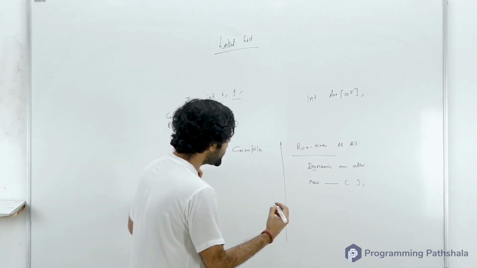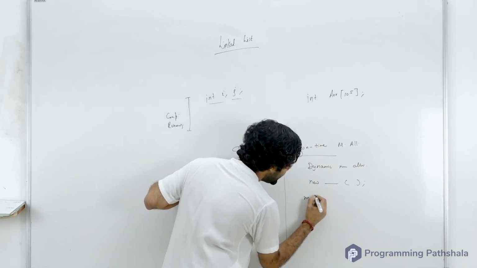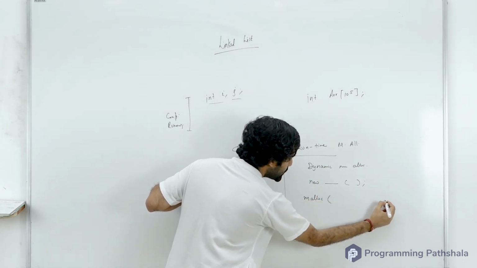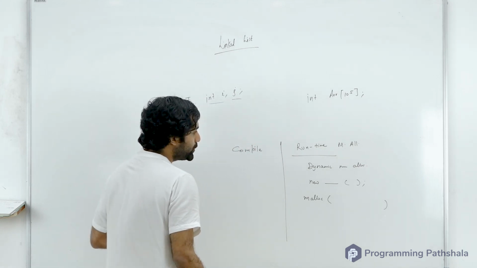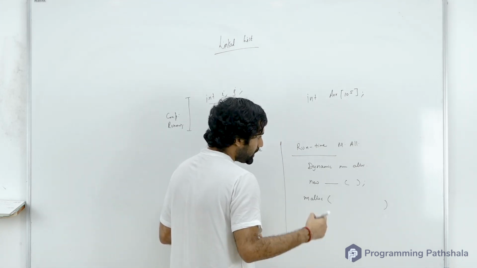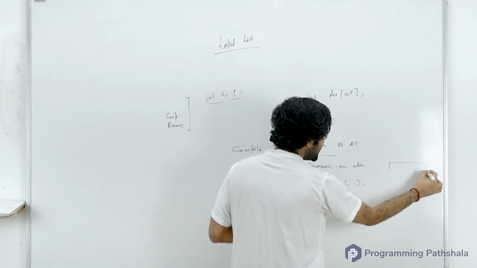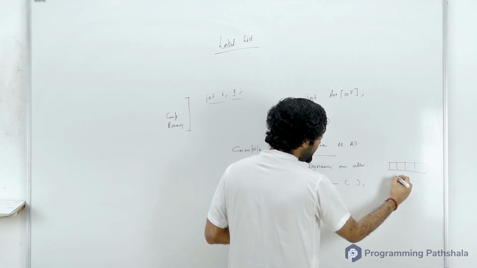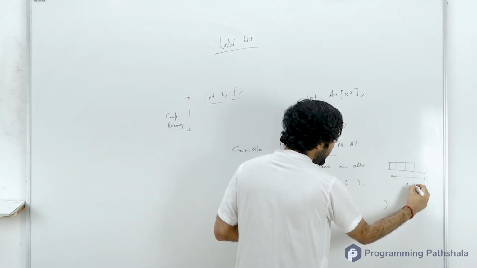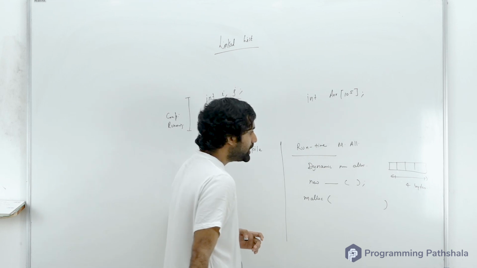Using that malloc, you can say, hey, malloc of. Let's say during the runtime you want to declare enough space just for one integer. I think one integer can fit into 4 bytes, right?